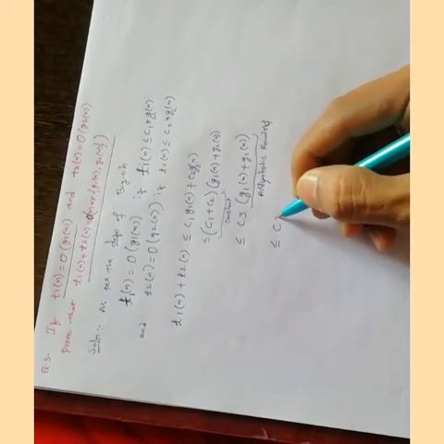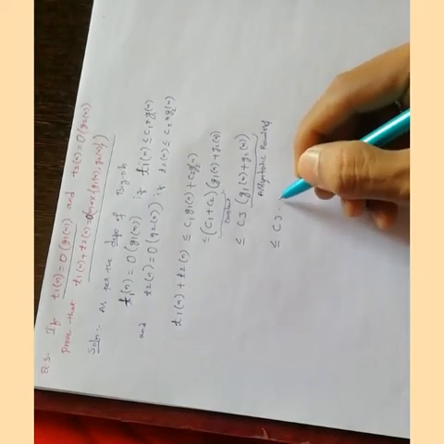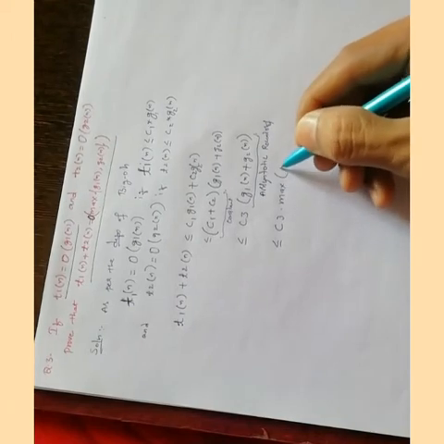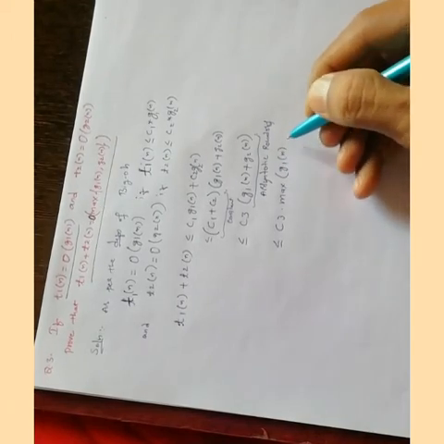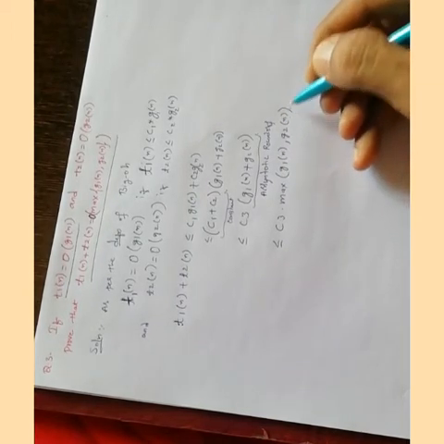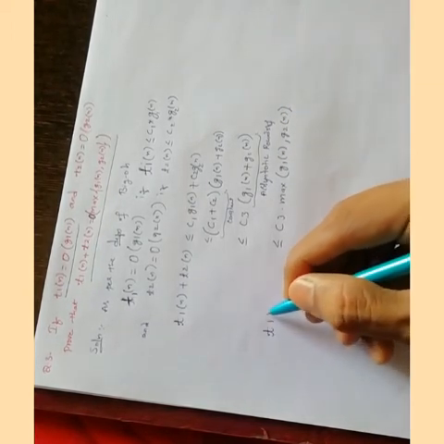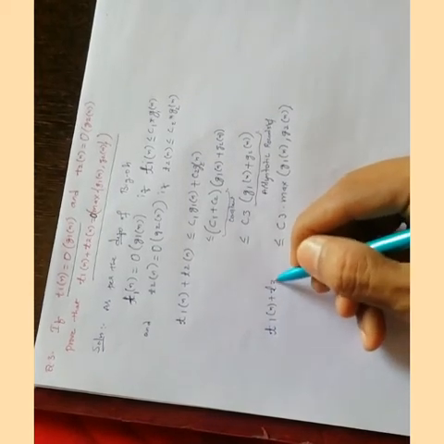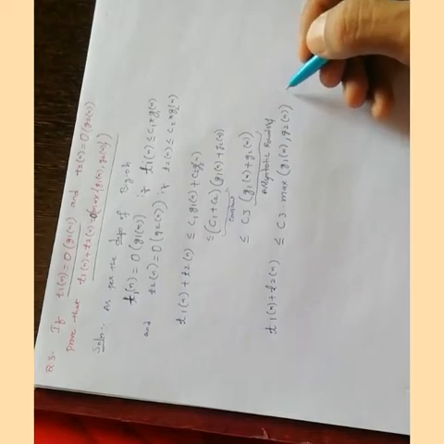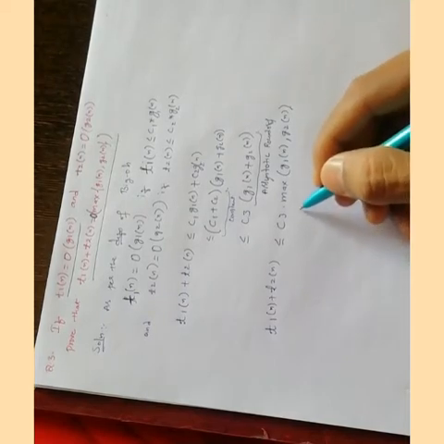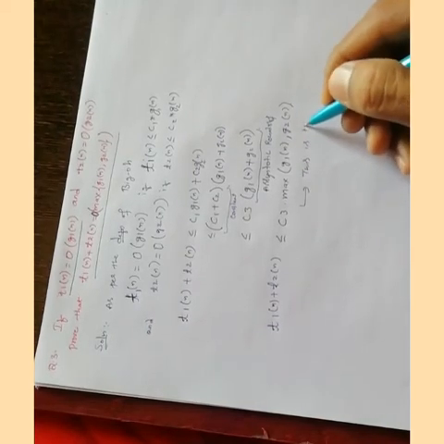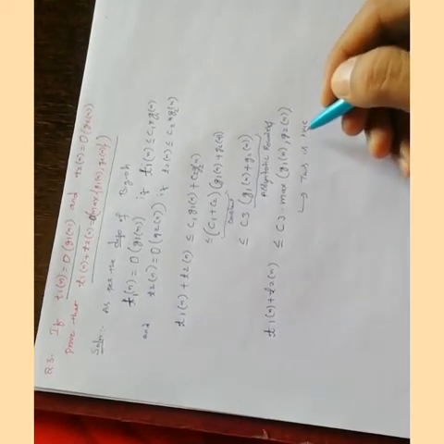So I can also write c3 into whichever is the maximum of these two, either g1 of n or g2 of n. So t1 of n plus t2 of n, yes, this is true.